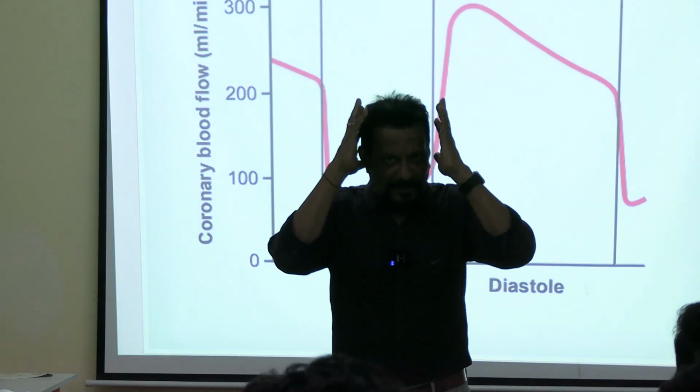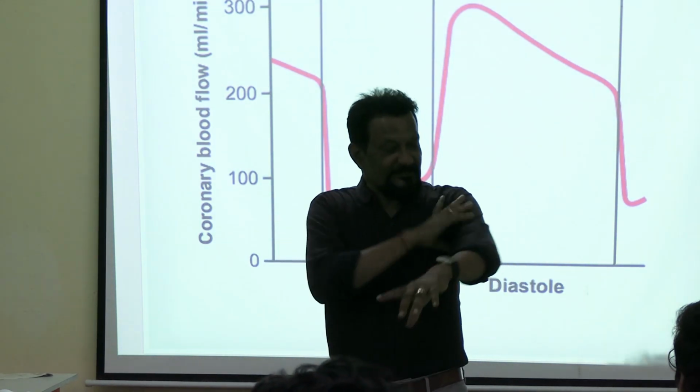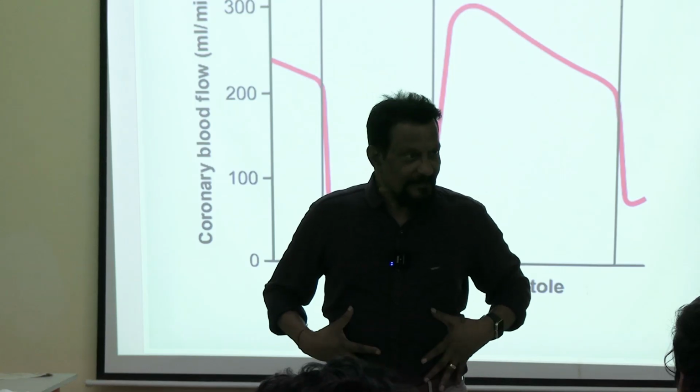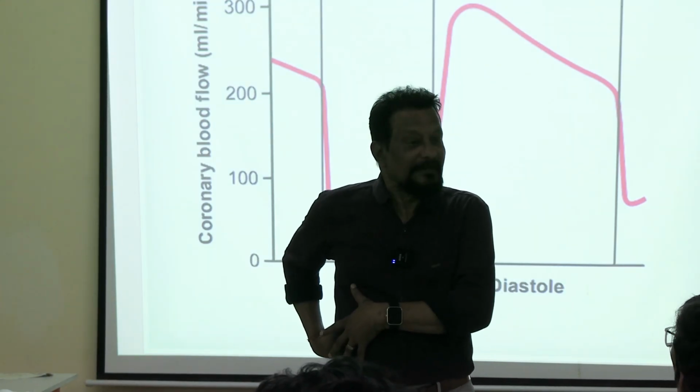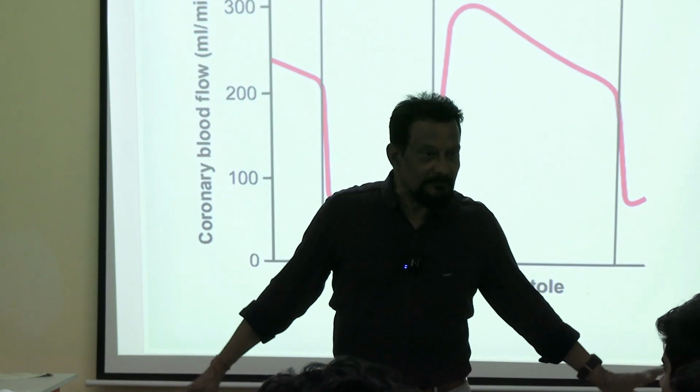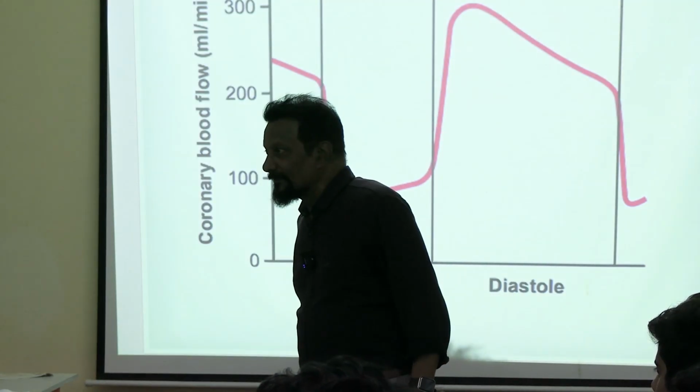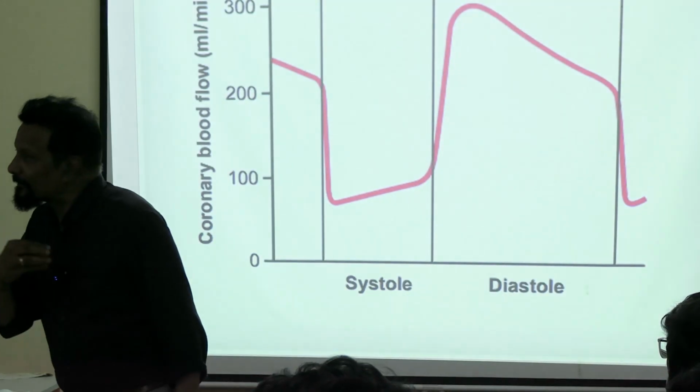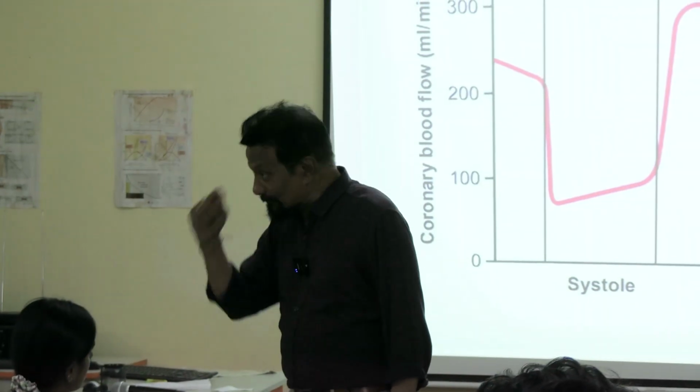Some part is coming to the brain, some part is going to the skin, some part to the GI tract, some part to the kidney, some part to the muscles, and some part will be distributed to the heart muscle.